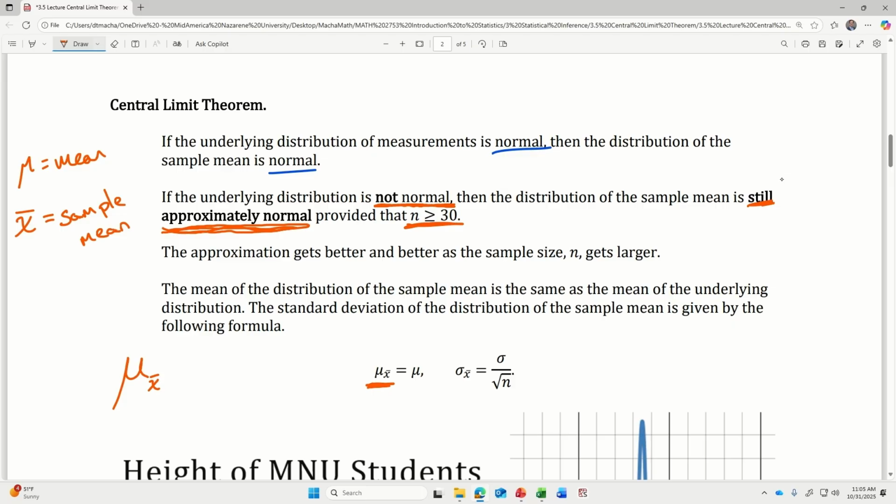And it's also a random variable in this case. So this symbol would be the mean of the distribution of the sample mean. And that's just going to be equal to the mean of the underlying distribution.